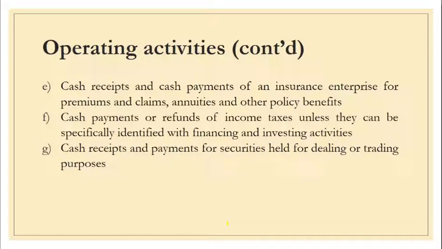Other examples include cash receipts and cash payments of an insurance enterprise for premiums and claims, annuities, and other policy benefits, cash payments or refunds of income taxes unless they can be specifically identified with financing and investing activities, and cash receipts and payments for securities held for dealing or trading purposes. So these are just some of the examples of your cash flows from your operating activities.